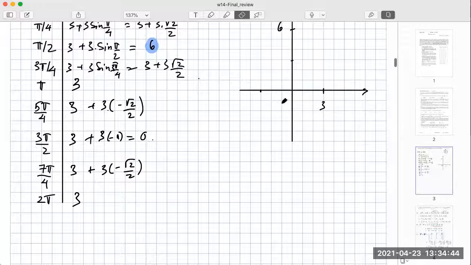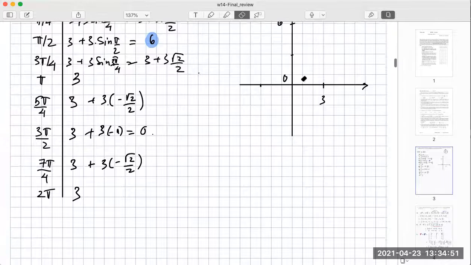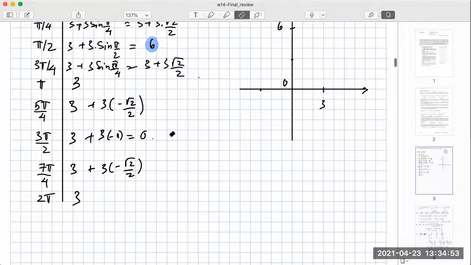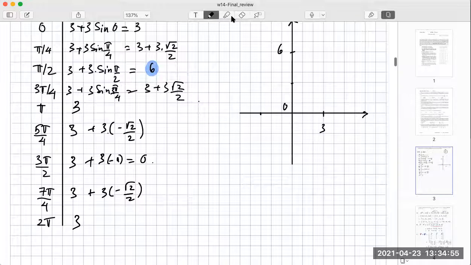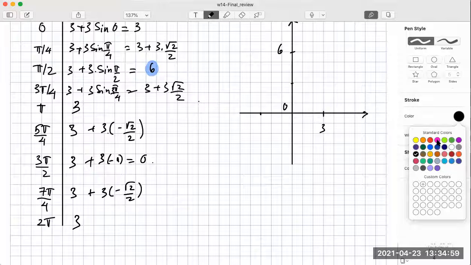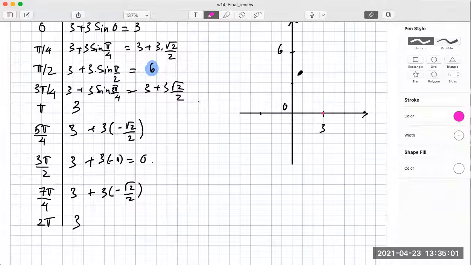And then let us write it 0 here. And then here we know that at 3 pi over 2, it goes back to 0. So let us plot some special points here. At 3 pi over 2, it will be 0 here, right?